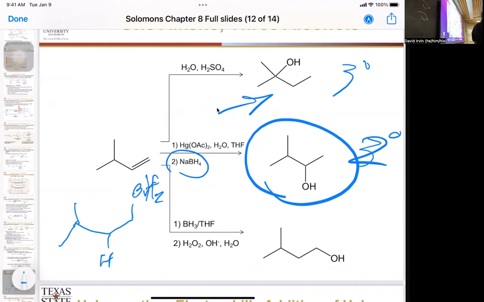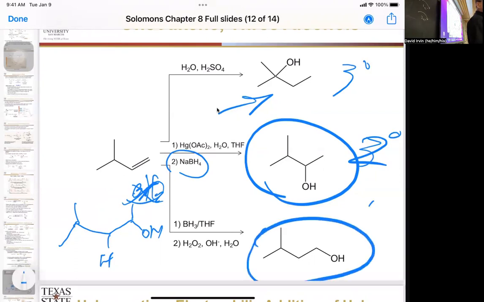Just write it down in your reaction table. But then we have to oxidize this off, and when we oxidize the boron off, that's where we get the OH. And therefore we get a primary alcohol. Same substrate, three different reagents, three different products.